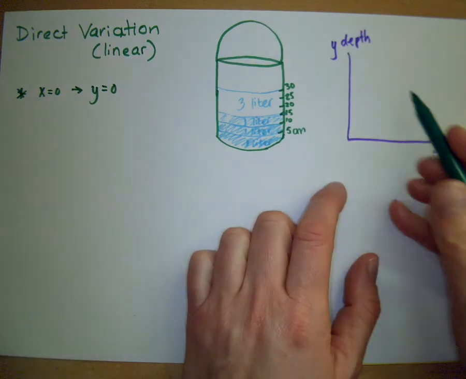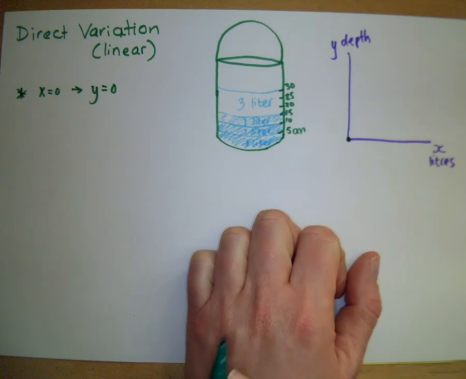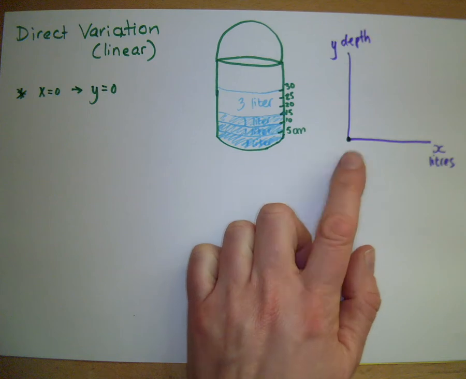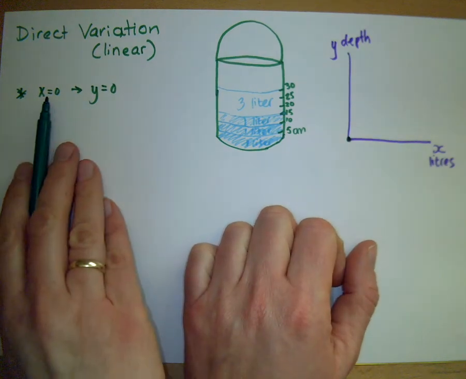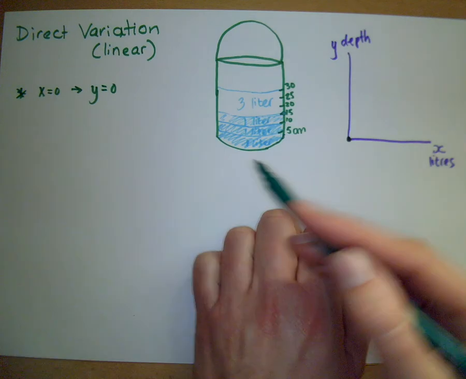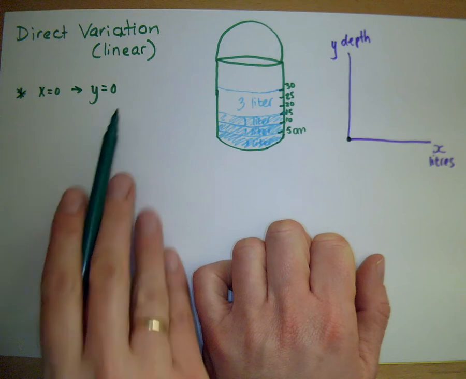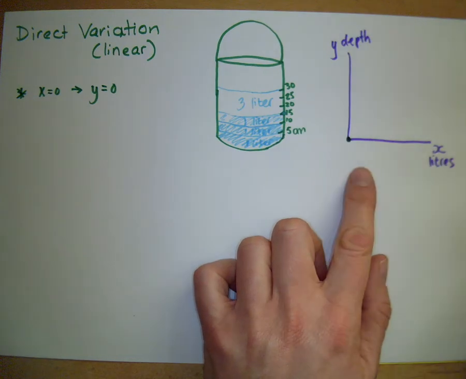So for direct variation, your line is going to go through the origin. It's going to touch at 0, 0. So when x is 0, so you haven't poured in any water, then your water level is also going to be 0, right? And this is true for all direct variation.